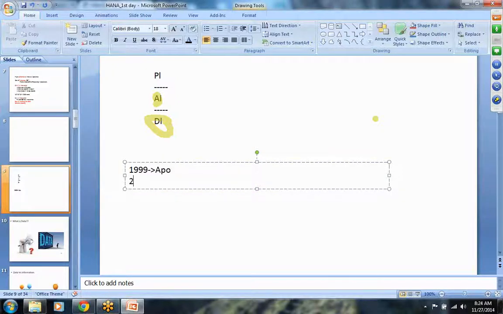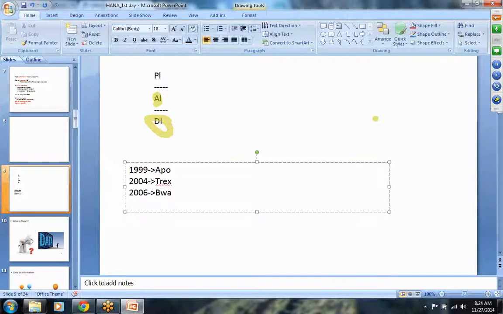And secondly, in 2004, they came up with TREX. And in 2006, they came up with BWA, Business Warehouse Accelerator. And in 2010, November, they came with a full-fledged HANA.